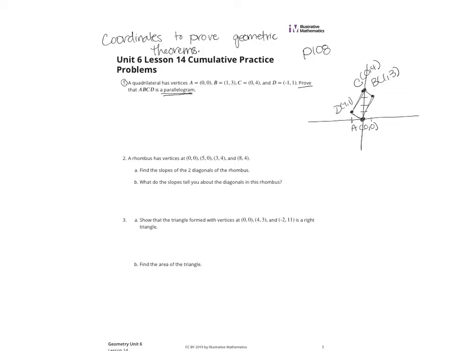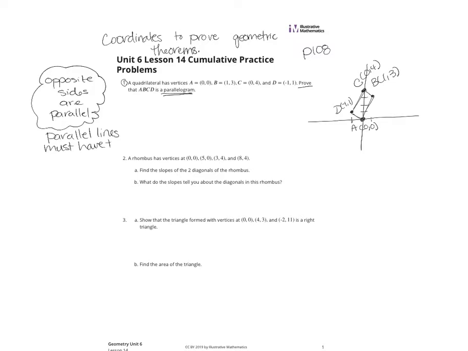So I have to remember what it means to be a parallelogram. To be a parallelogram, it means that opposite sides are parallel. And we can show that. So I have to remember what it means to be parallel. To be parallel, lines must have the same slope.